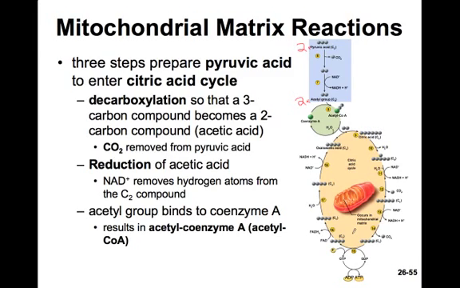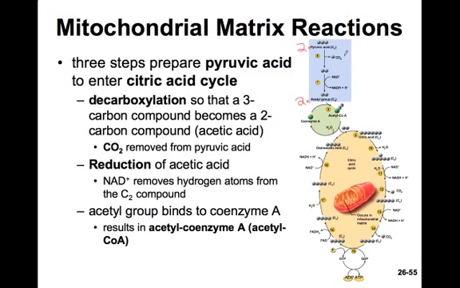So at this point, now that we've decarboxylated and reduced our pyruvic acid into acetyl-CoA, how many of the original carbons of glucose are left? 2 from each pyruvic acid, and there were 2 pyruvic acids per glucose, so we have 4 of the original carbons of glucose left.